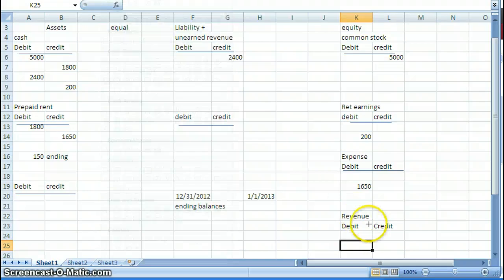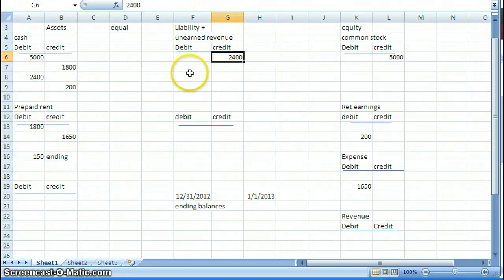What you need to do is figure out how much work you've done throughout 2012, the 10 months in 2012, and you're going to capture some of the revenue in here.